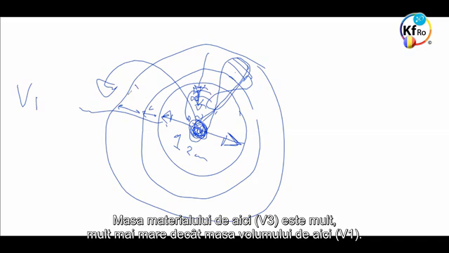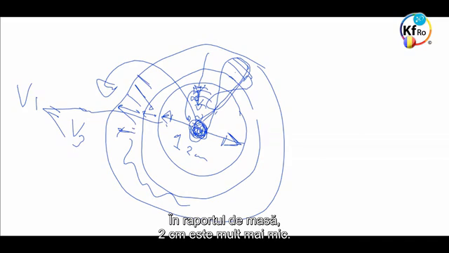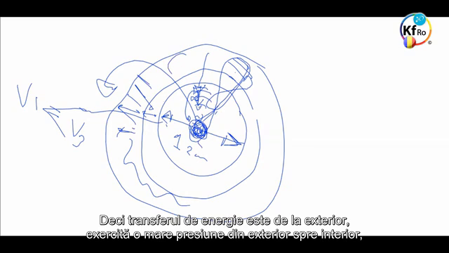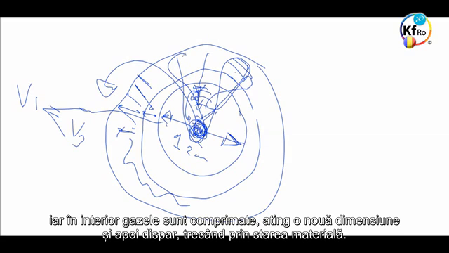The mass of the material in here is by volume maybe much bigger than the mass of the volume, because don't look at the thickness of it, because now it's 3-dimensional, the whole lot, by 1 centimeter. The 2 centimeter by mass ratio is much smaller. So the transfer of the energy is from outside, it exerts higher pressure from outside inside, and then the inside gets squeezed tight, and it takes its new dimension and disappears. It passes the matter state.